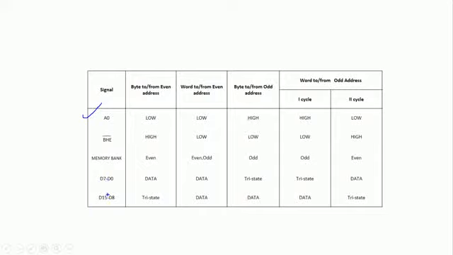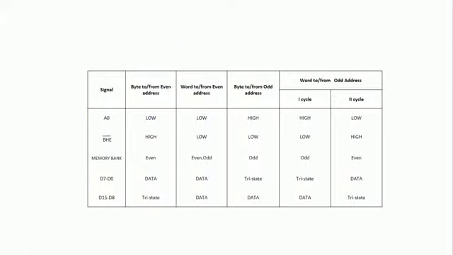I would like to read the data in byte format, only 8-bit information from the even bank, or I would like to write the data onto the even bank. So in order to enable the even bank, the A0 bit should be 0, because it is active low.